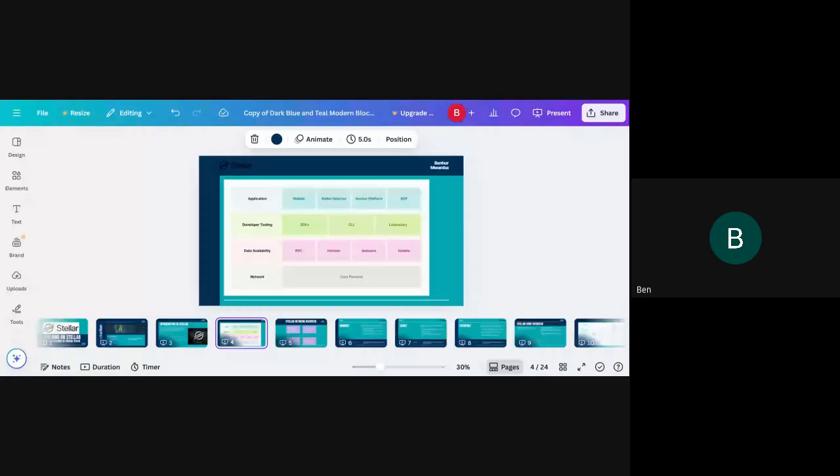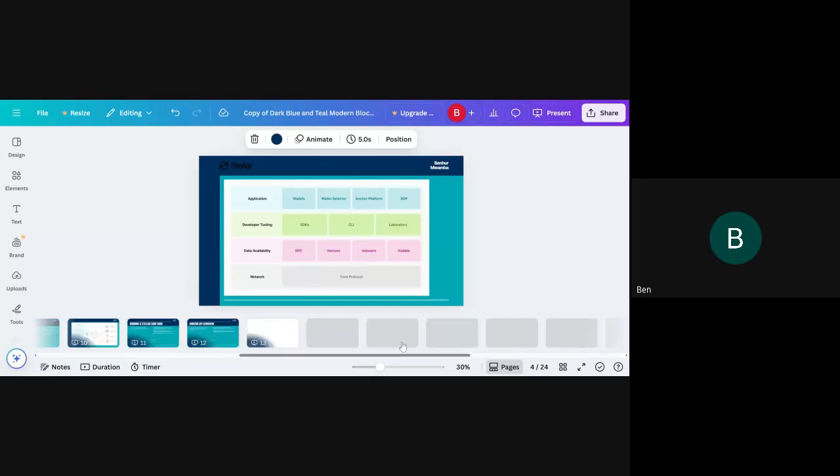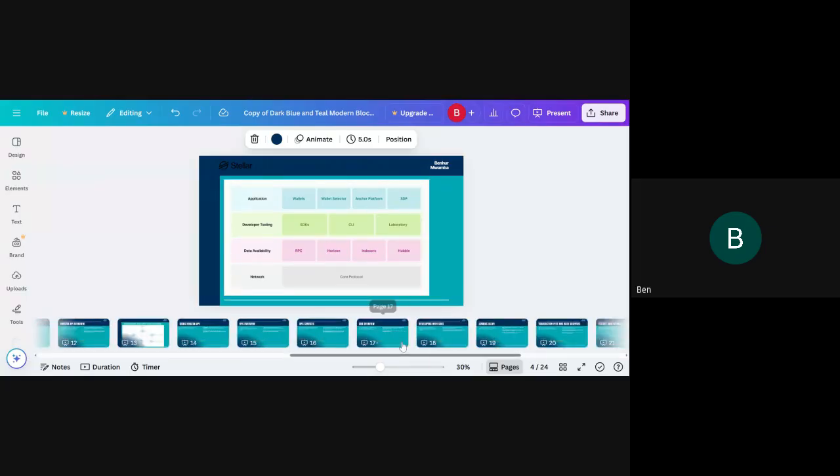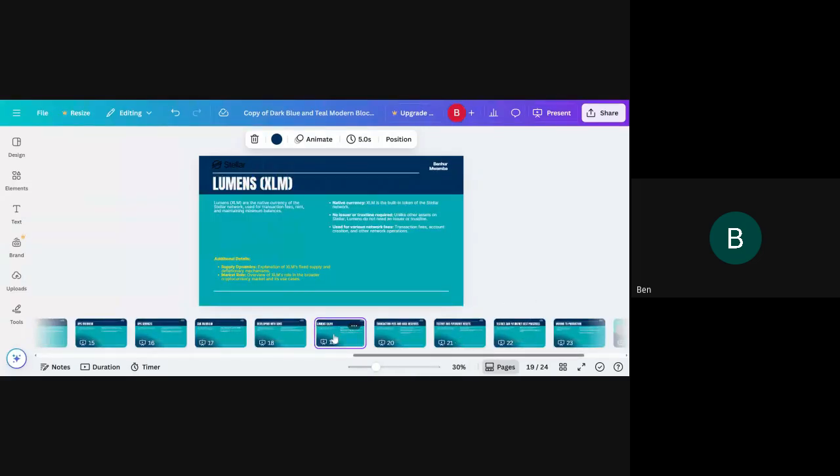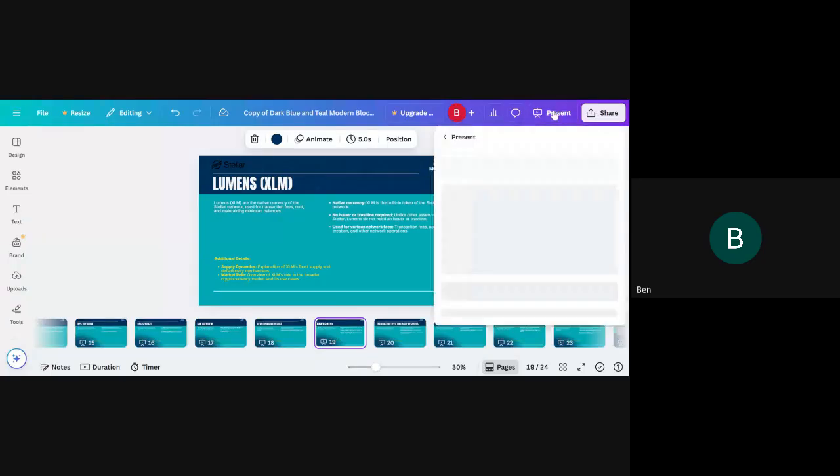Does it make sense so far? Hope it makes sense. Okay, this is where we left off yesterday. So now let's go to where we left off, because now we're talking about the lumens.